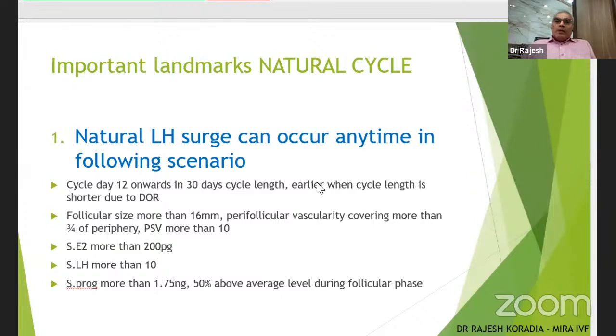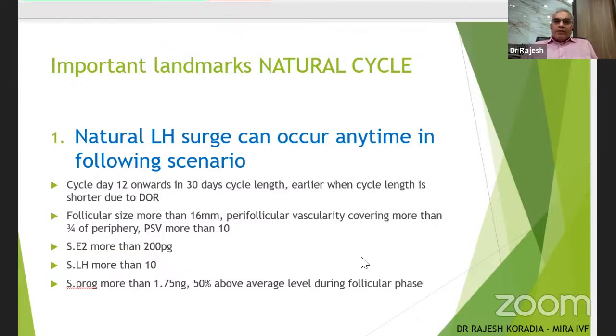What are the important landmarks when you are doing a natural cycle? The natural LH surge can occur anytime in the following scenario: cycle day 12 onwards in a 30-day cycle length, or earlier when the cycle length is shorter due to diminished ovarian reserve.